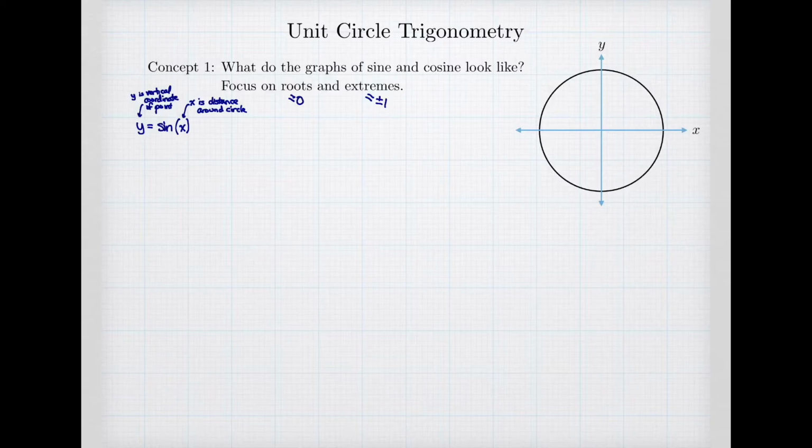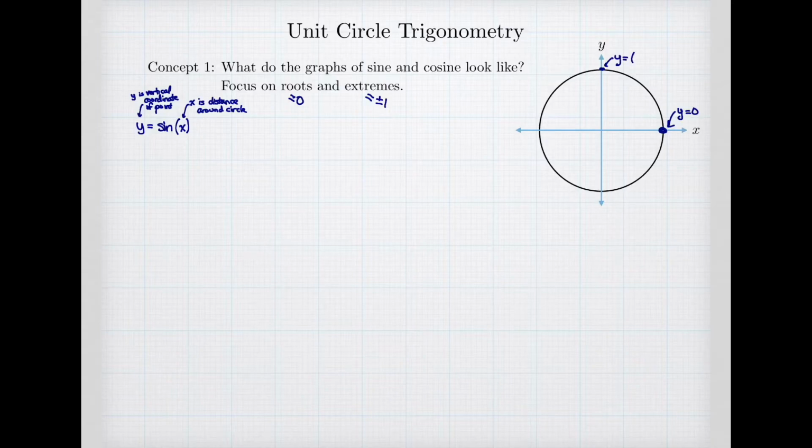All right, so let's think about the unit circle. I want to know where the vertical coordinate is equal to 0, and where the vertical coordinate is equal to plus and minus 1. As I go around the circle, I've got a y coordinate equal to 0. As I travel around, when I reach the top of the circle, I have a vertical coordinate of y equals 1.